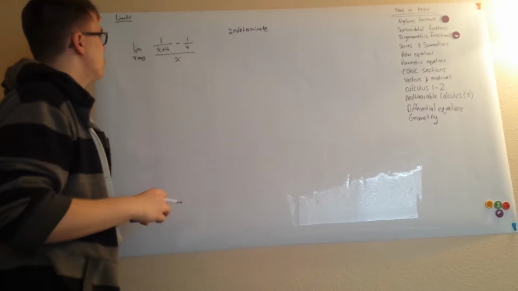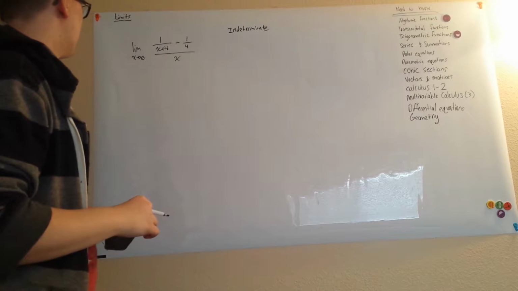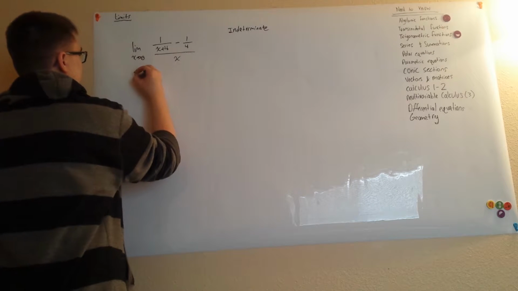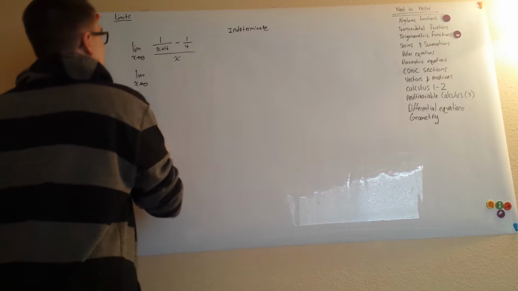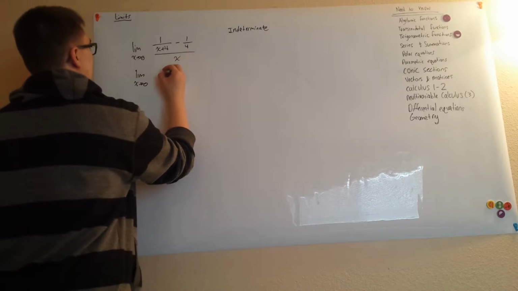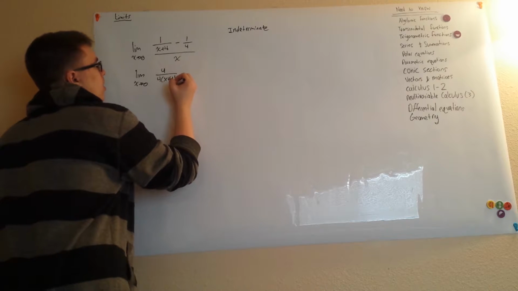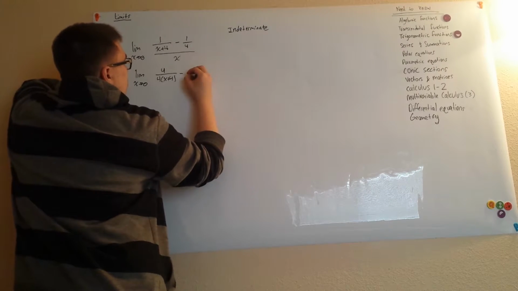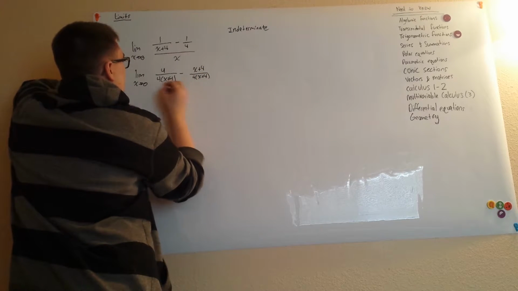Okay. Well, let's make this one fraction. So if we get common denominators on those fractions, we'll get 4 over 4x plus 4 minus x plus 4 over 4x plus 4.